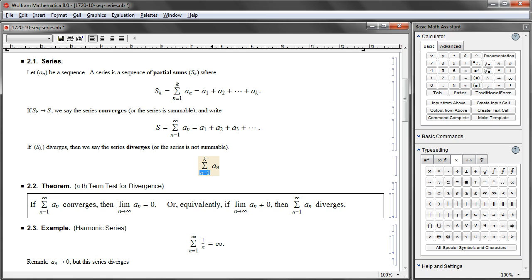For example, if we start from, say, n equals 3, then this means we have to begin from a_3, kind of like that. And then what if this ends at 6? That means it has to run all the way up to a_6. Needless to say, this ending number has to be greater than or equal to the starting number, otherwise we'll not have any summation at all. If this ending number is not a number but an infinity, then this is an infinite sum.